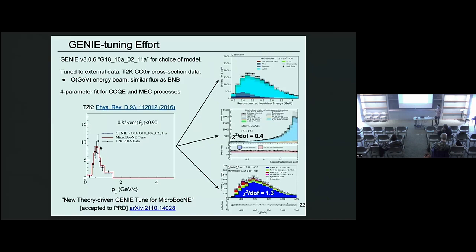But the takeaway should not be that we've now tuned these 4 parameters and our MEC model is doing a great job and the CCQE model is doing a great job. When you look at the individual interaction modes, we still see some issues that we'll be working on in the next steps.